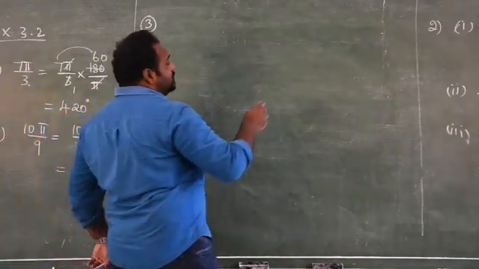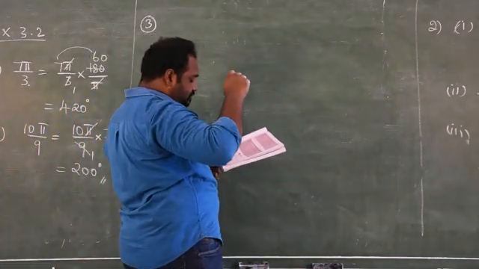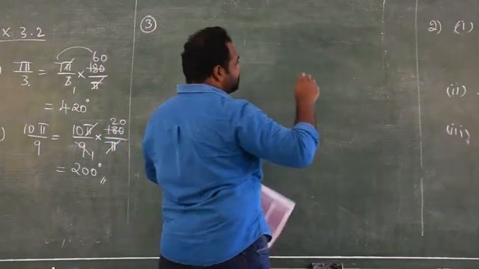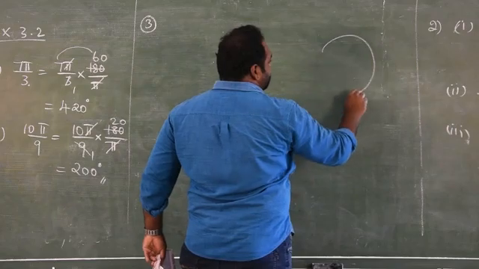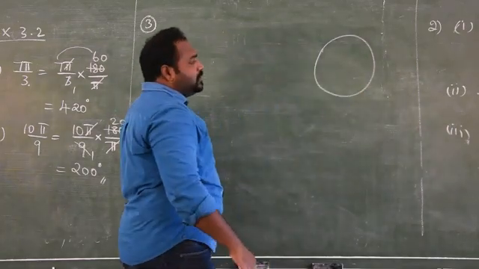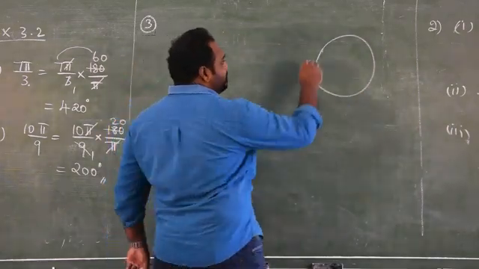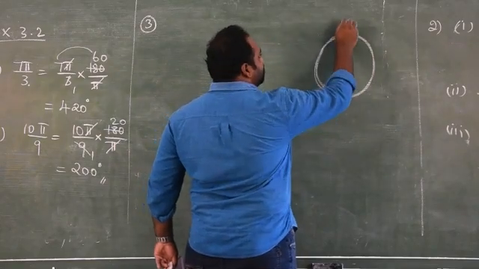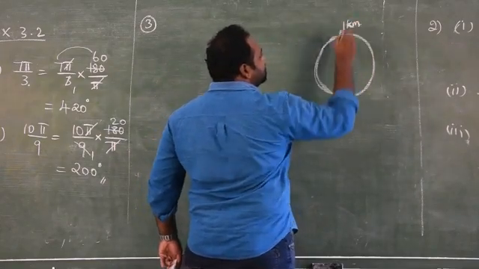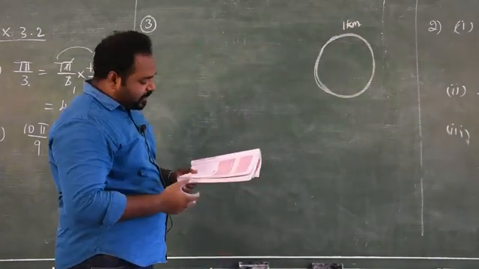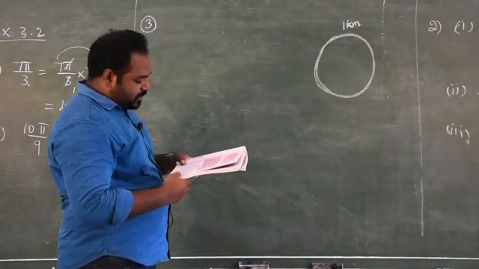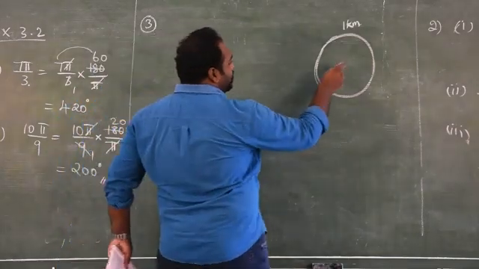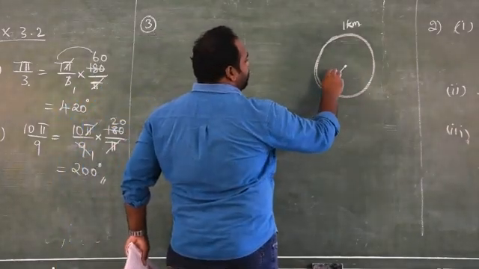Actually, the athlete must run 5 times. So I am going to draw the circle. The athlete must run 5 times to complete 1 kilometer distance. So they are asking to find out the radius of this path.